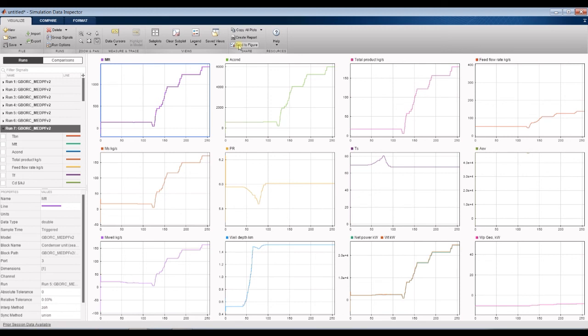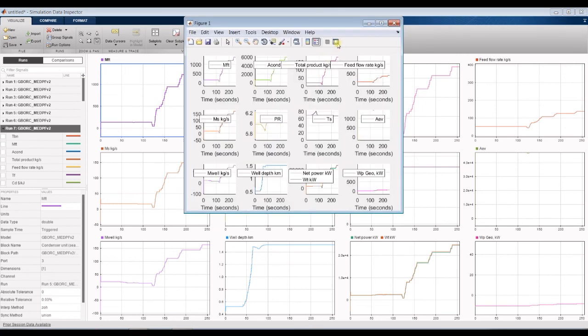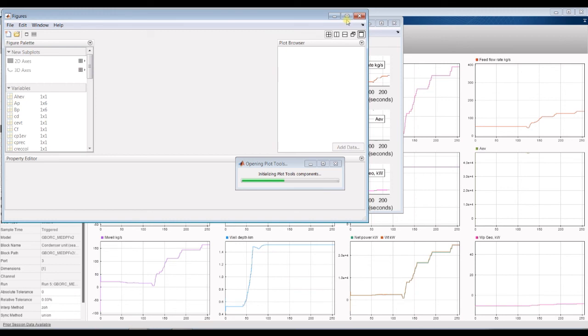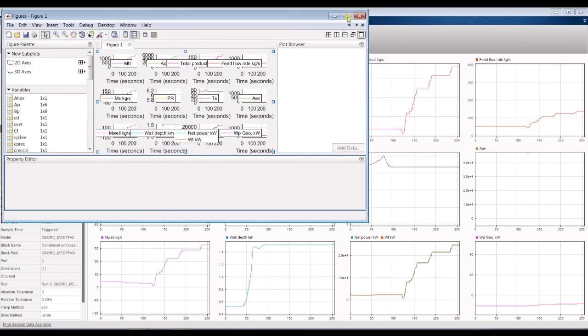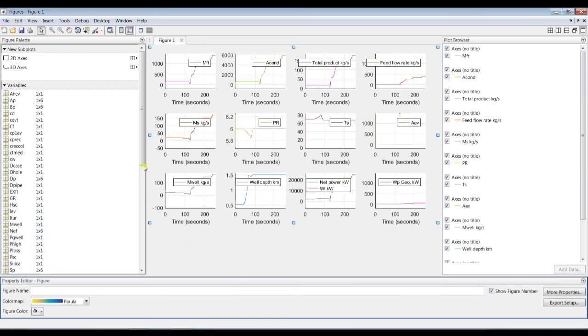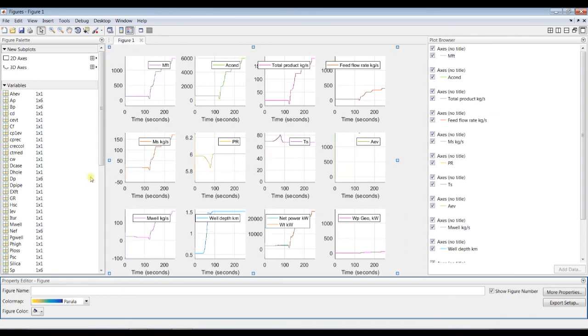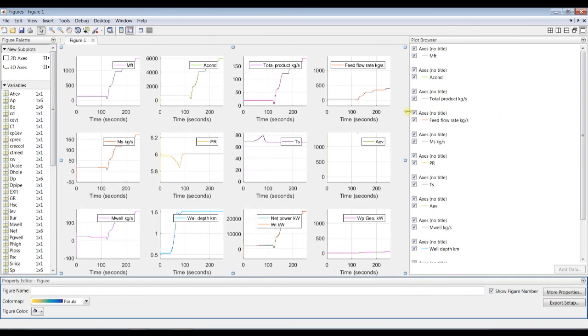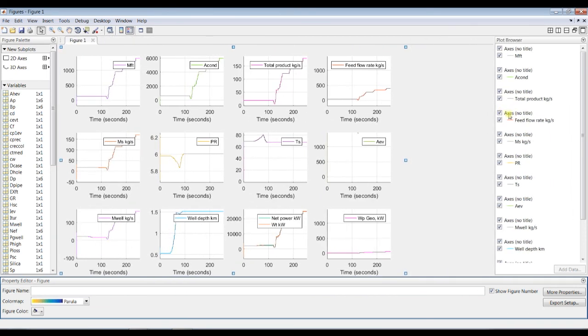And you can send this to figure. It will take a little bit of time. Okay, send all the subplots to the Matlab figure window, as you can see here. It's trying. Yes. Let's go to tools, figure tools. Okay, and you can discover all plots and control them based on your need.